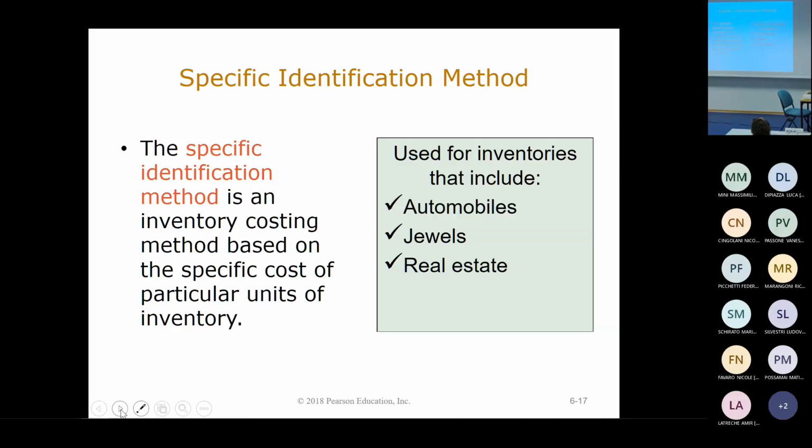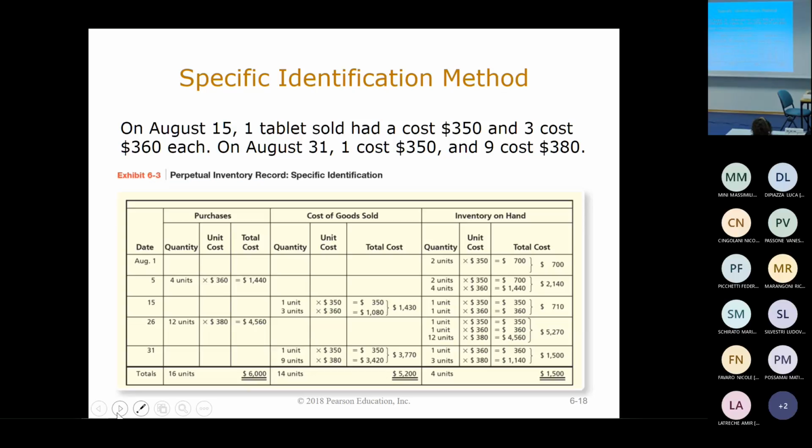And what if you don't know, or you could know, but it would be too expensive to collect this information? If you don't know the precise units you are selling. Now, just a note, we're talking about merchandise now, but you can apply this to other items. For instance, financial investments. Banks and insurance companies apply these methods to their financial investments.